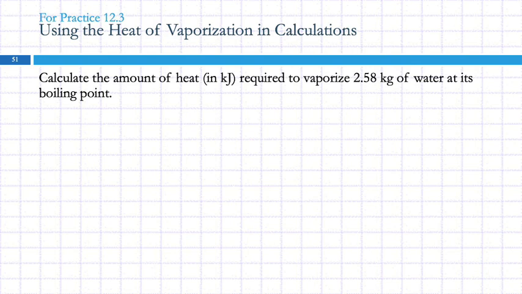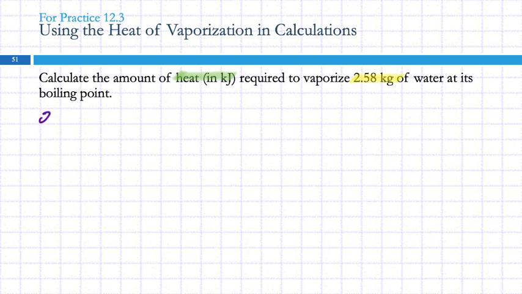Calculate the amount of heat in kilojoules required to vaporize 2.58 kilograms of water at its boiling point. So they're only giving us one number, and they're asking for heat in kilojoules. These end up being dimensional analysis problems.